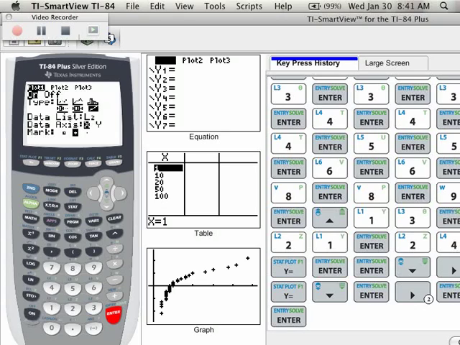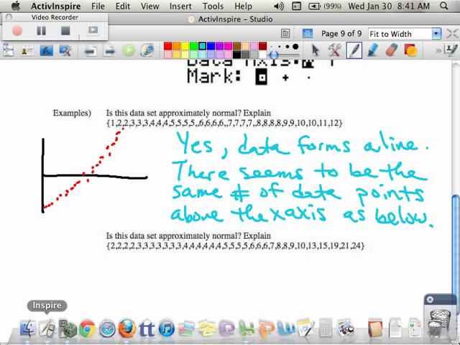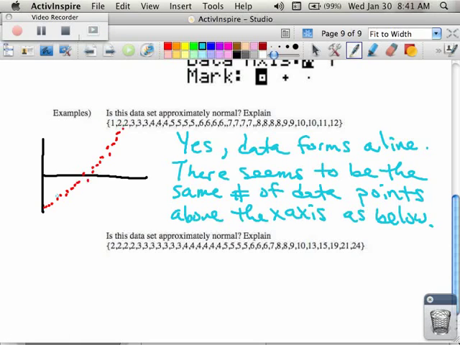If I was talking about whether or not this seems approximately normal, the first thing I would say after drawing the plot off to the side here, so here's my plot, and looking at my data, it looks something like this.